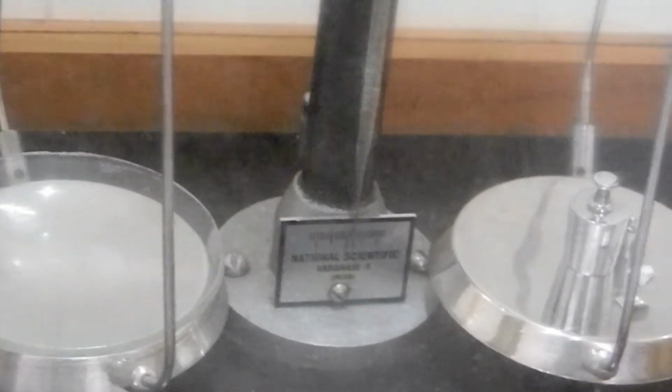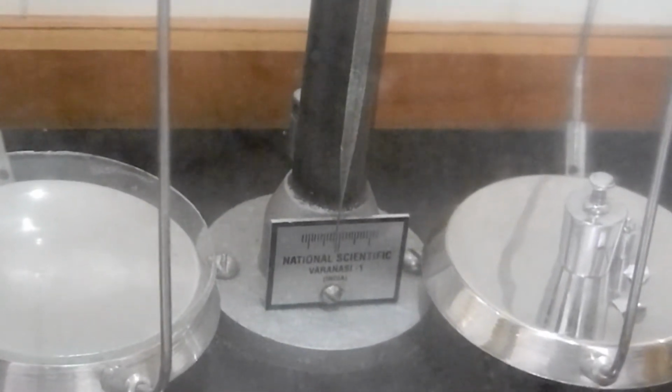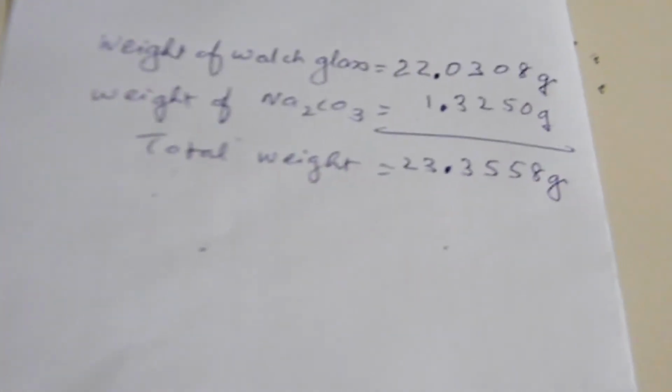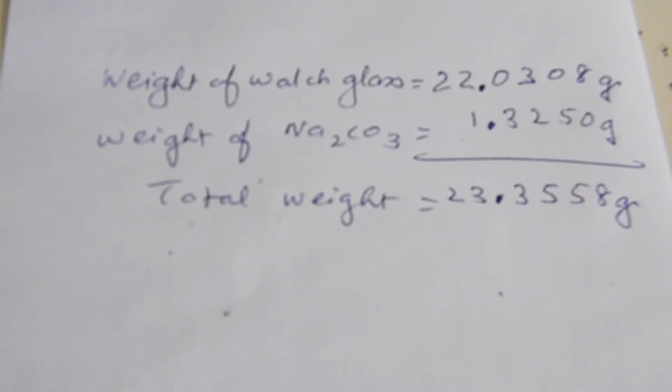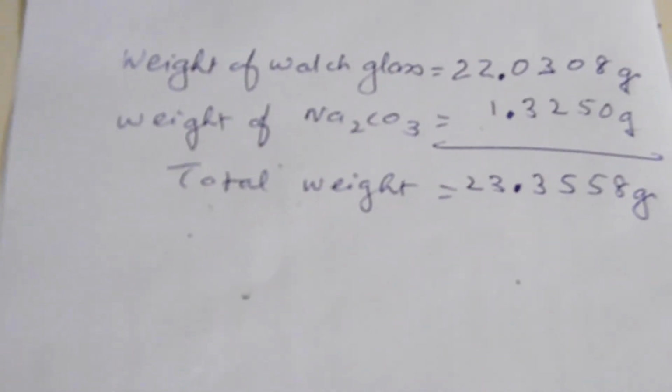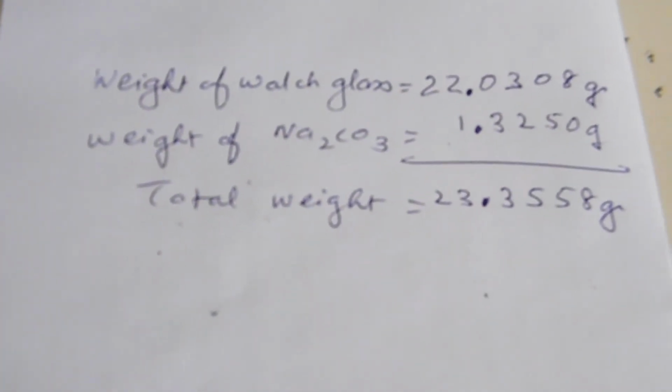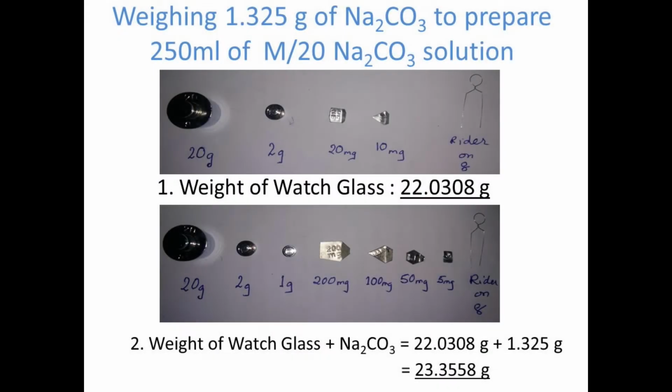That means the watch glass has been weighed. As we can see, the weight of the watch glass comes out to be 22.0308 grams. To this we shall add the weight of Na2CO3, 1.3250 grams. So the total weight of the watch glass and the salt should come out to be 23.3558 grams.